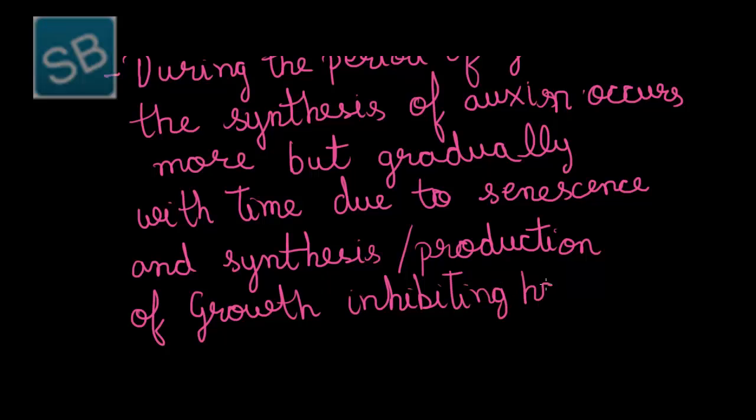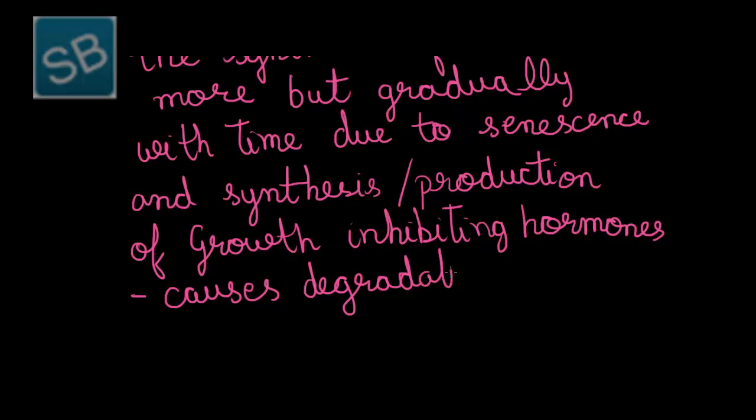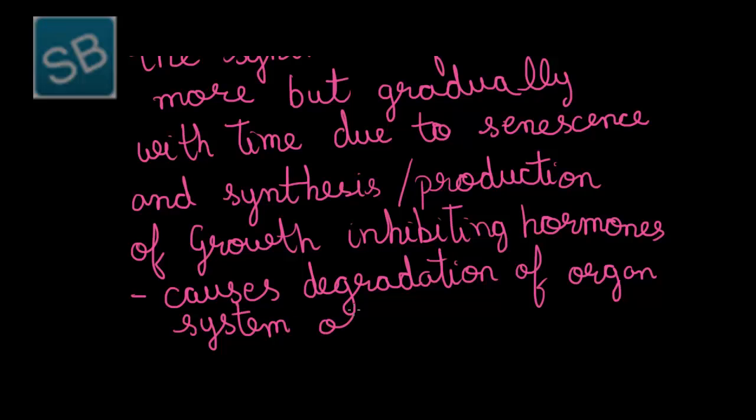Such growth inhibiting hormones are mainly ethylene and abscisic acid, which cause degradation of the organ and associated organ system. In this manner, the phenomenon of abscission occurs, which causes senescence.